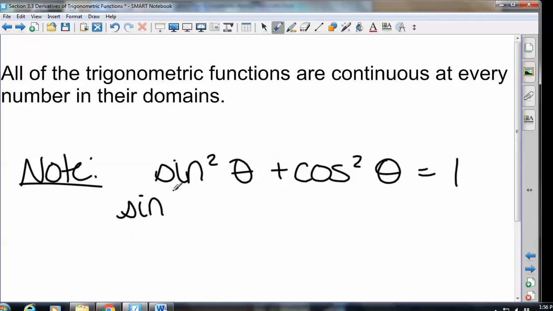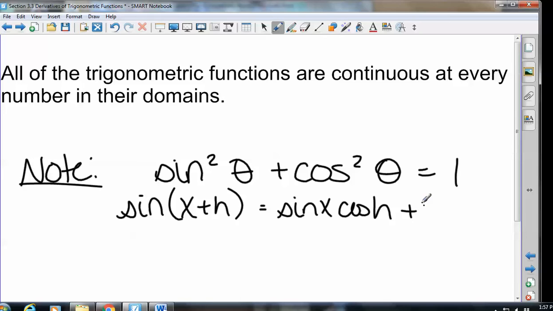The second one, this is not one I ever made you memorize. It was in our little book of formulas at the end. If you have the sine of two angles added together, you can split it up: sine x cosine h plus cosine x sine h. So those are going to be a couple formulas that will pop up throughout this section.